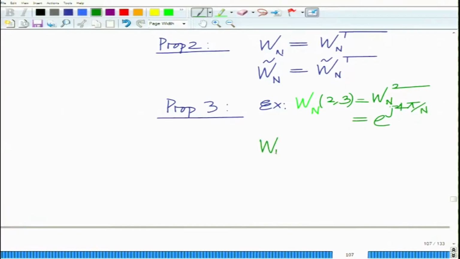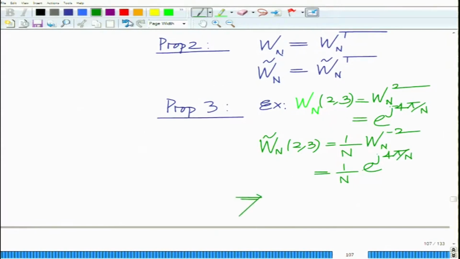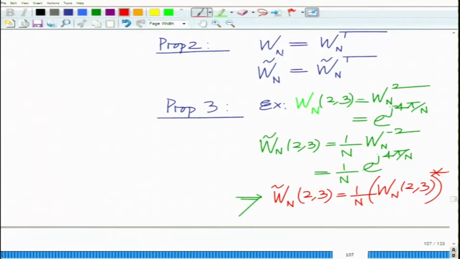Now, the matrix Wn tilde of 2 comma 3 equals 1 over n Wn raised to minus 2 equals 1 over n e raised to j 4 pi over n, which implies Wn tilde 2 comma 3 equals 1 over n Wn 2 comma 3 conjugate, and that is the interesting property.